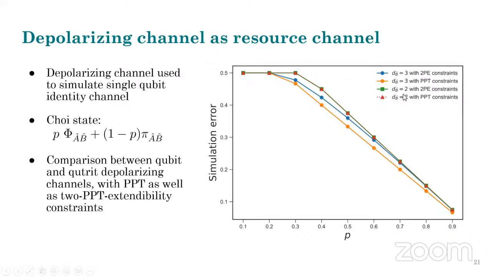If it is a 2-dimensional depolarizing channel, then there is no difference between PPT and 2PPT extendability constraints. But if you use a 3-dimensional depolarizing channel to simulate a qubit identity channel, then the 2PPT extendability constraints perform better than PPT extendability constraints, and they give us a tighter bound.